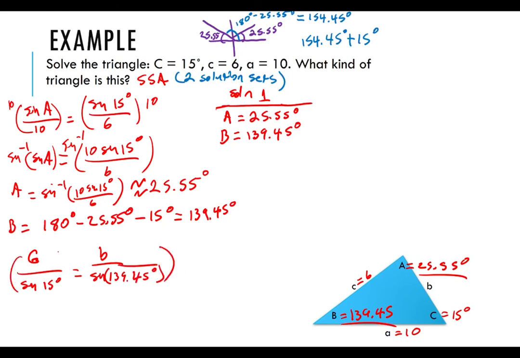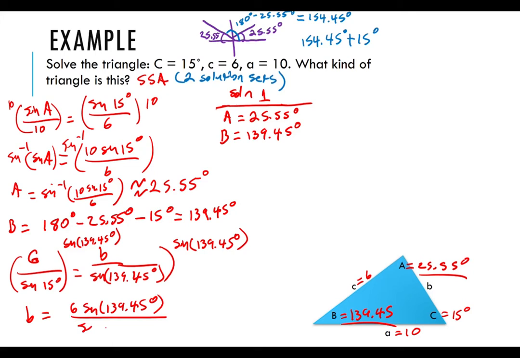Multiply both sides by sine of 139.45 degrees. And so then I get that side length B is 6 times sine of 139.45 degrees divided by sine of 15 degrees, which I get to be approximately 15.07 when rounded to 2 decimal places.